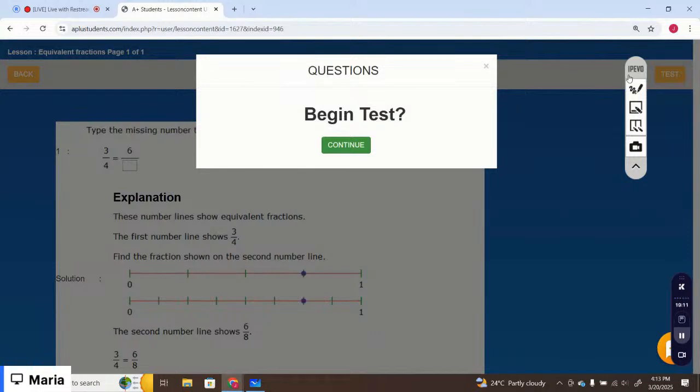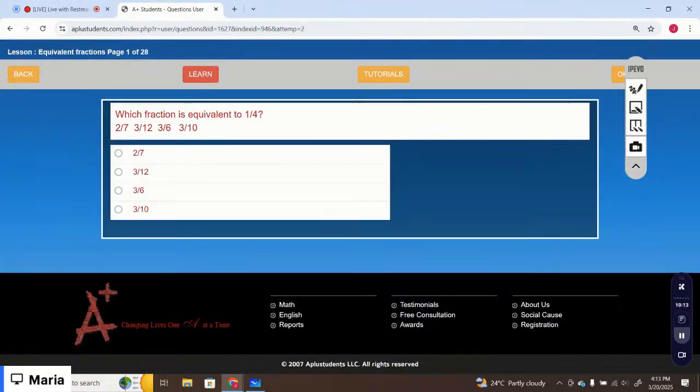Let's just start with the test questions. Which fraction is equivalent to 1 over 4?